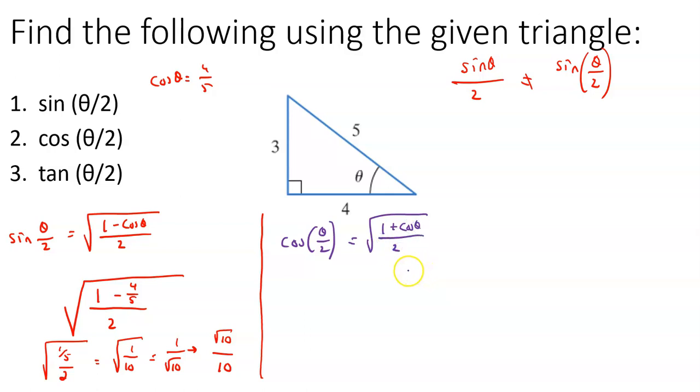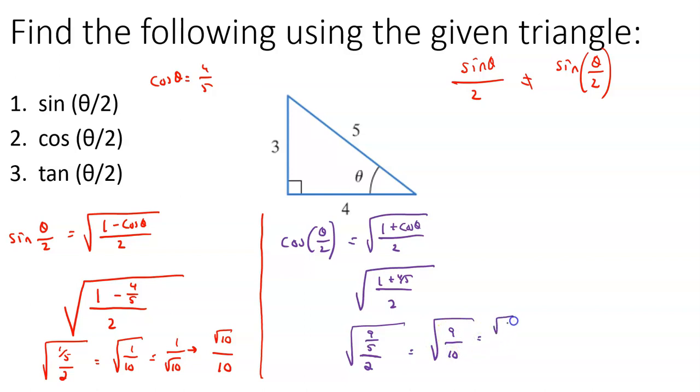So cosine theta is 4/5. So I'm going to get the square root of 1 plus 4/5 over 2. Well, if 1 is 5/5, 5/5 plus 4/5 is 9/5, over 2, is the square root of 9/10.